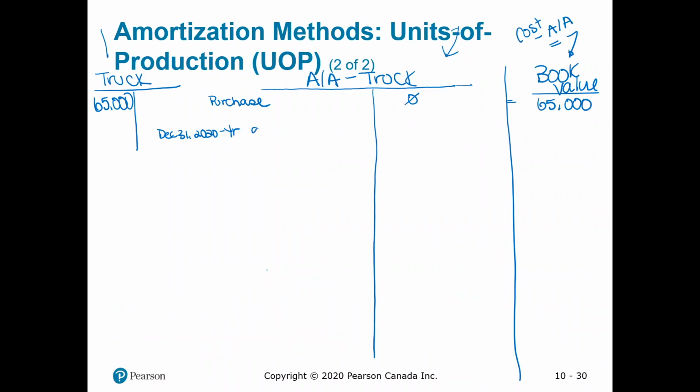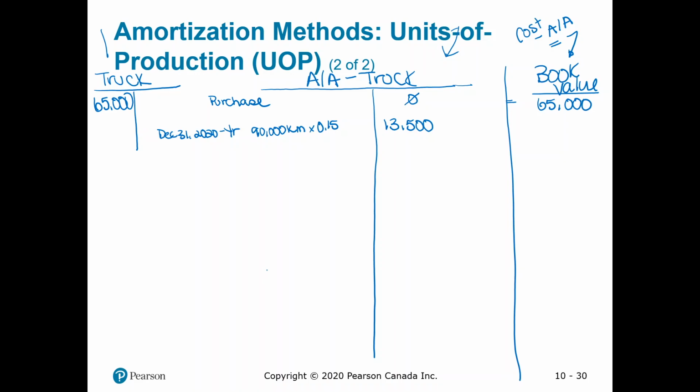So for year 1, we take 90,000 kilometers times the 15 cents, and that would give us 13,500. That would be the amortization expense that we book for that year.